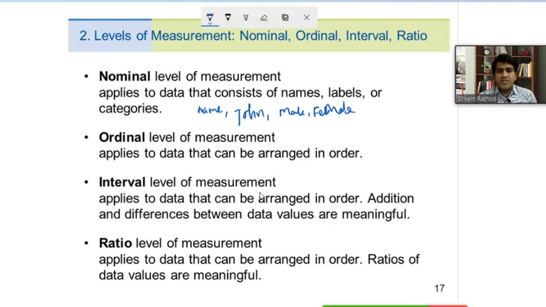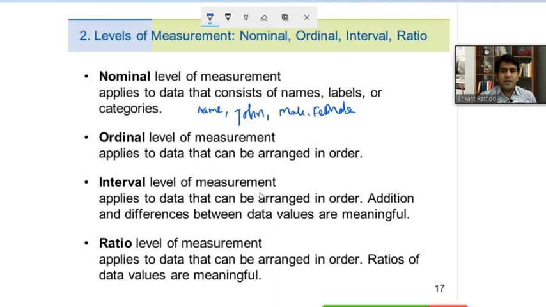Next, ordinal applies to data that can be arranged in order. The information which can be arranged in an order is called ordinal. For example, arranging the people, first male and then female, that is how we are arranging them in an order. So that's called ordinal.